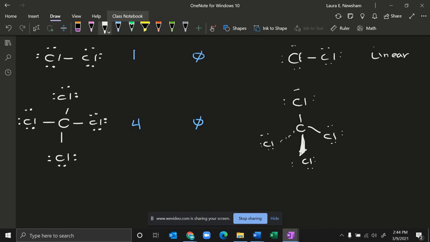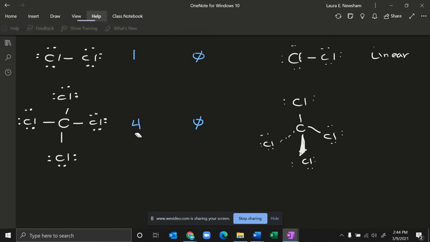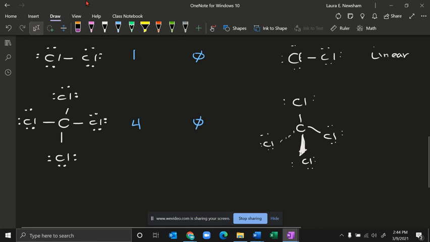Remember, everyone gets 8 total electrons, correct? So chlorine starts with 7. We're going to make sure that we have all its electrons there. And this, again, is tetrahedral.